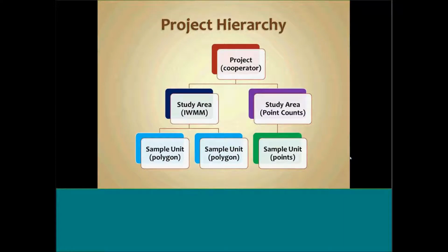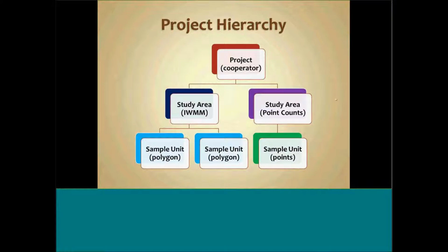Talking a little bit about projects within the AKN system. Projects sort of have a hierarchy to them, and that's what I've displayed here. You have a project, and let's say this is Clarence Cannon National Wildlife Refuge. That would be the upper level, and maybe they're participating not only in IWMM, but also doing point counts.